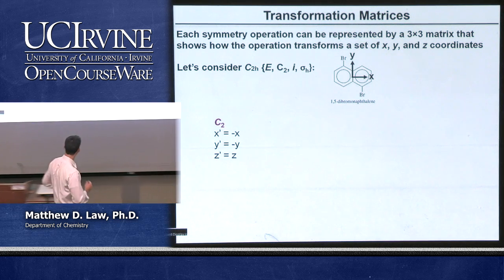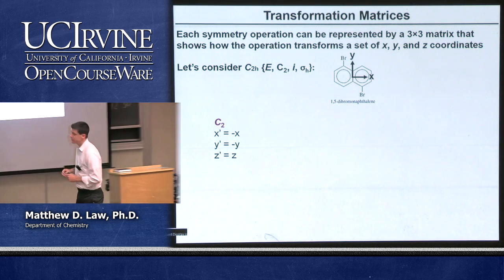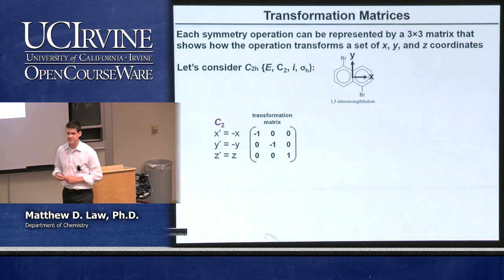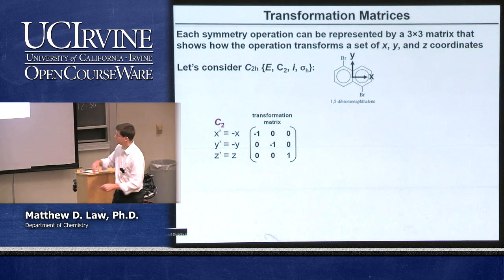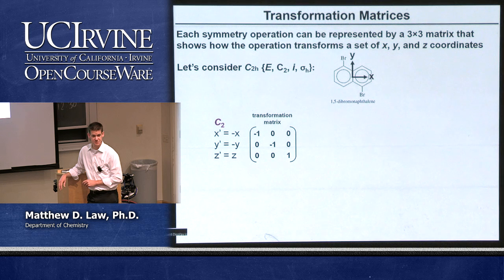So the z just becomes itself, no change. Okay? We can represent this as a 3 by 3 transformation matrix like this. We have elements only along what's called the diagonal of the matrix. Okay? We have a negative 1, which tells us that the x is going to be multiplied by negative 1. We have a negative 1 for y, and we have a positive 1 for z.